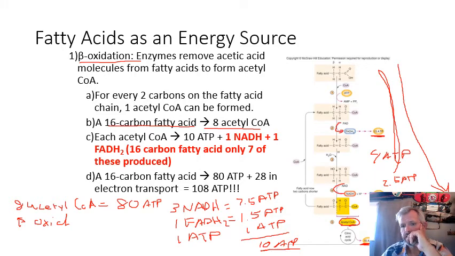We have to oxidize the ends to make this happen. What you've got to recognize is we're forming 8 acetyl-CoAs, but at the last end there is no end to oxidize. There's nothing there. So how many cleavages we're actually doing is 7 cleavages. Think of it this way. Here's my carbon.